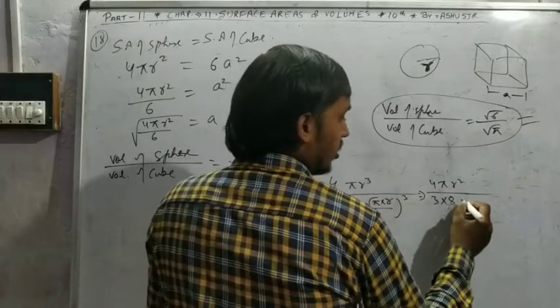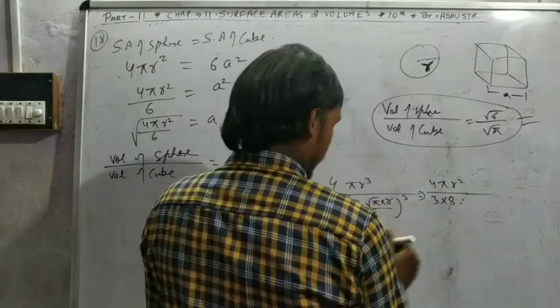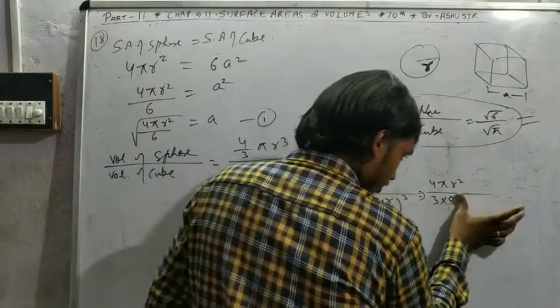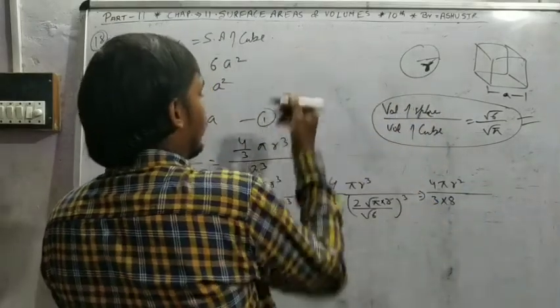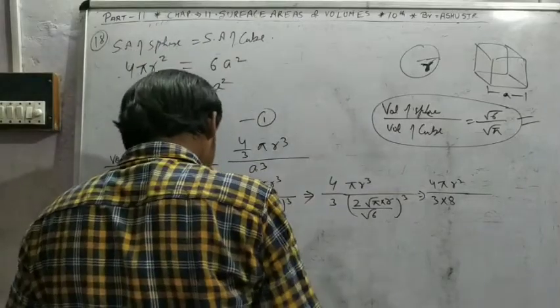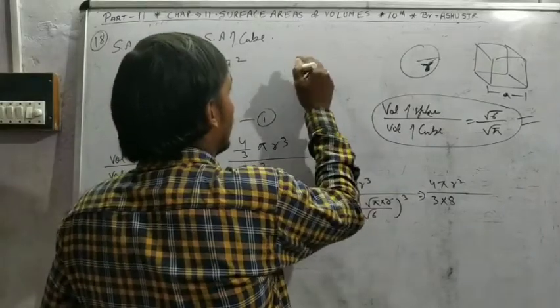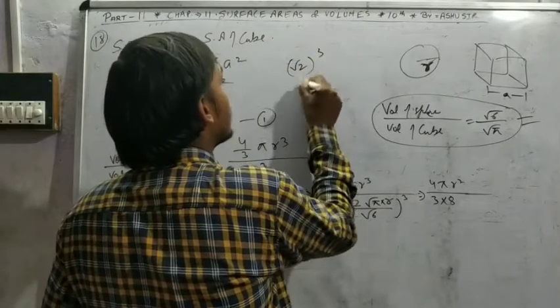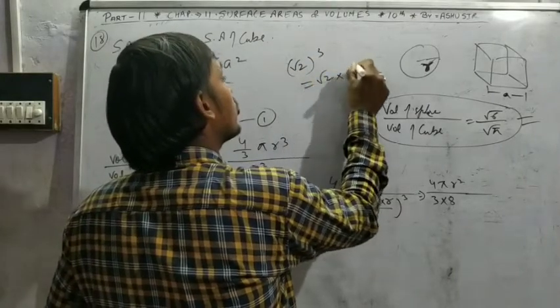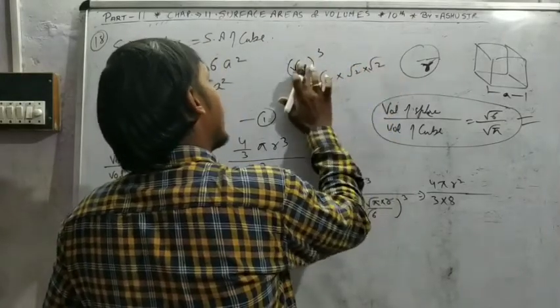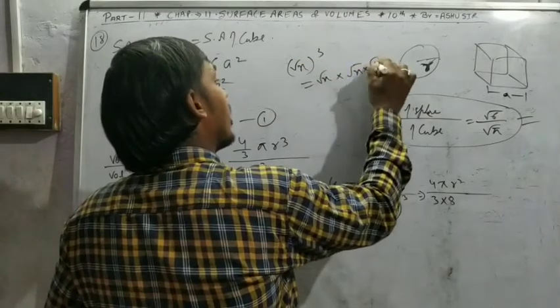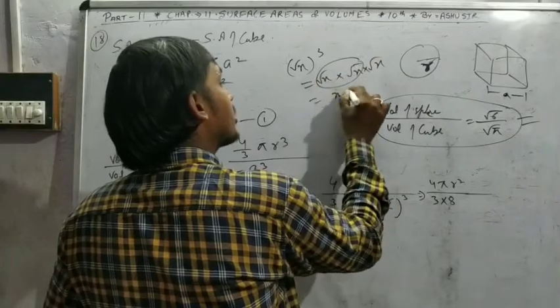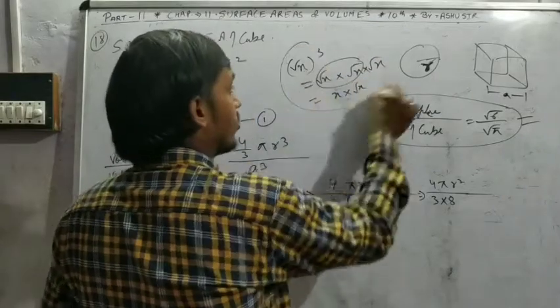Root power 3, that means similarly, root 2 cube means root 2 root 2 root 2. If I take x, so x root x.